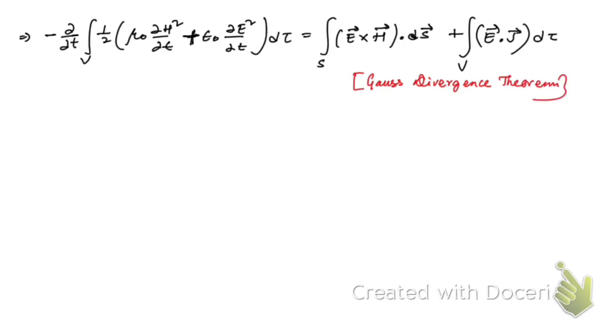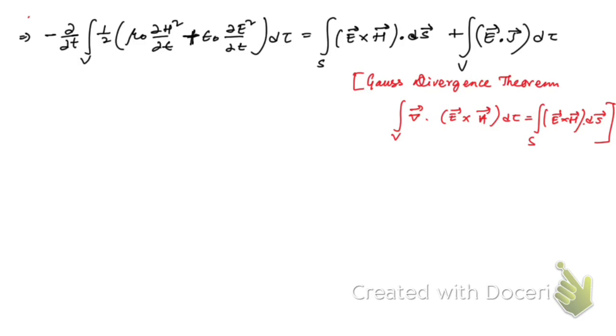Using it, what we have got is that the volume integration of divergence, del dot E cross H d tau, is equal to the surface integration of E cross H dot ds vector. That's what we have got. So this is nothing but this equation.